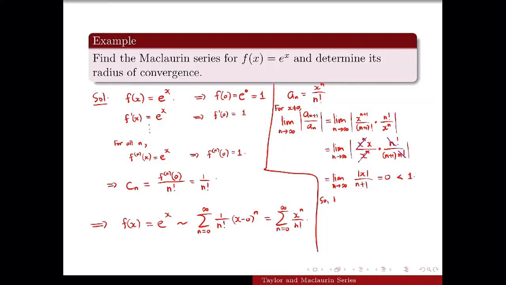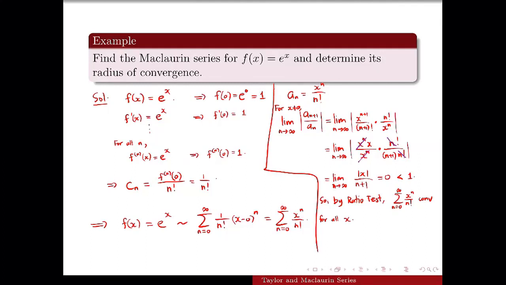So by the ratio test, the series sum of x to the n over n factorial, from 0 to plus infinity, converges for all x. So the interval will be the set of real numbers.